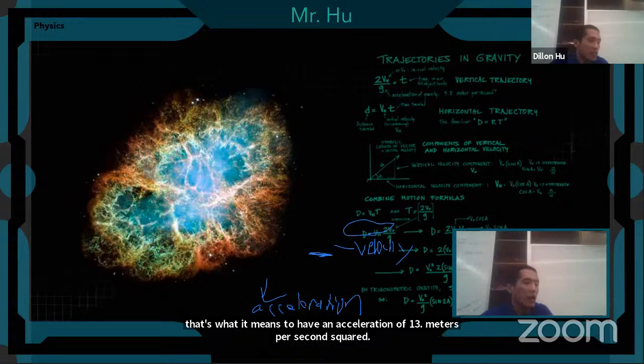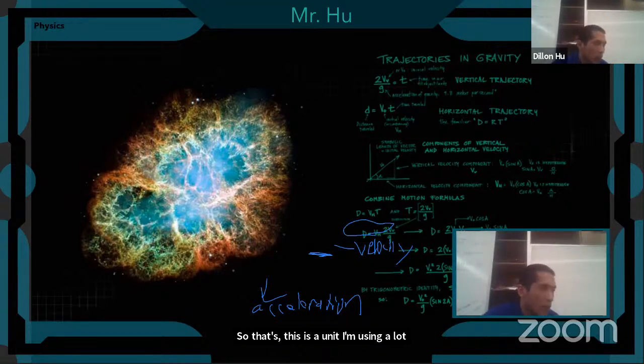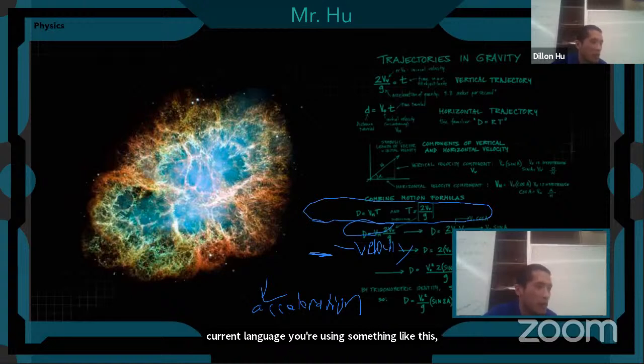This is a unit we're going to be using a lot. A lot of the language we're using right now is something like this, where I say, hey, my Model S's velocity was increasing by 13 meters per second every second.